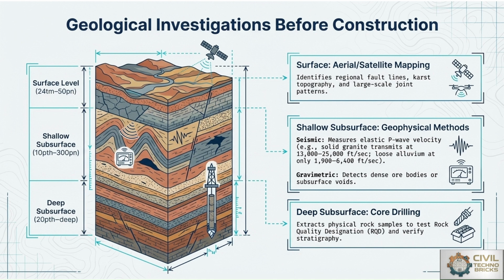Likewise, the whole study of rocks on the basis of wave velocity is carried out. The other one is the gravimetric analysis, which detects dense ore bodies or subsurface voids beneath the surface level. The shallow subsurface investigation uses trenches, pits, and geophysical surveys.